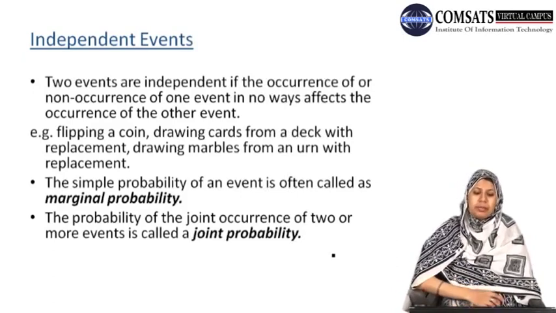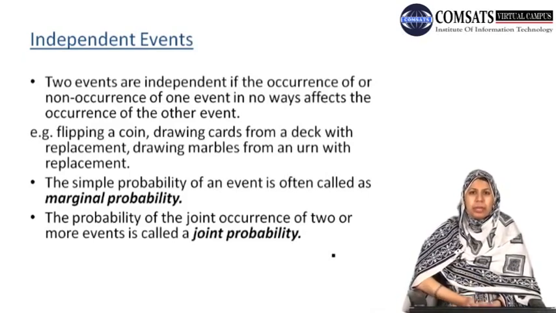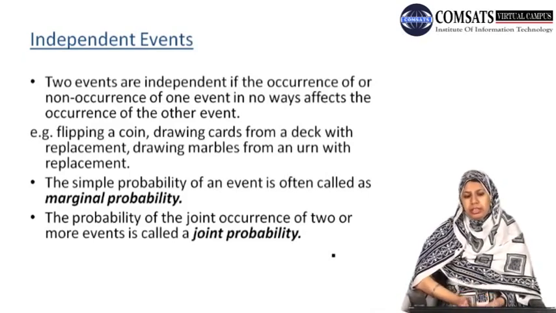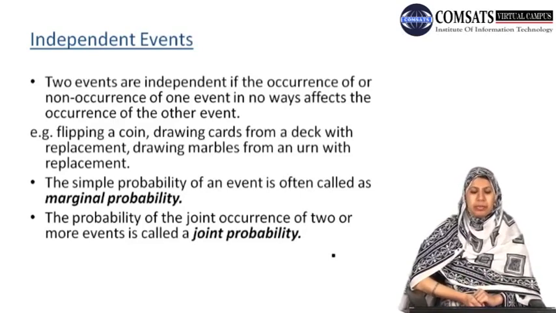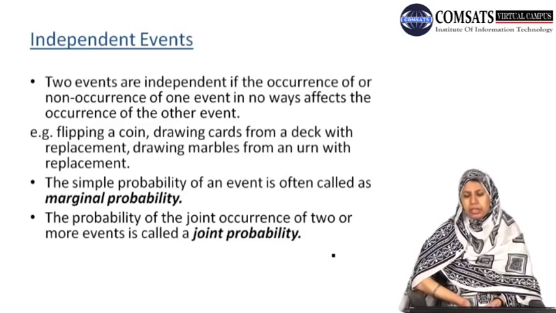For example, flipping a coin. If we flip a coin and obtain a head the first time and we flip the coin again, then obtaining a head the first time does not affect whether we will obtain a head or a tail the second time.